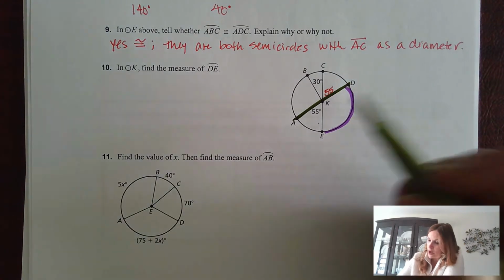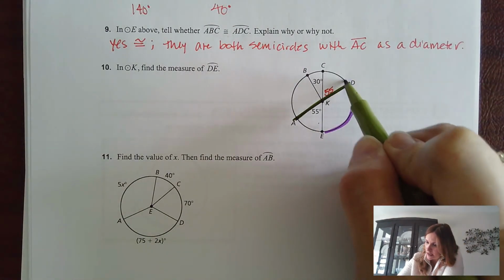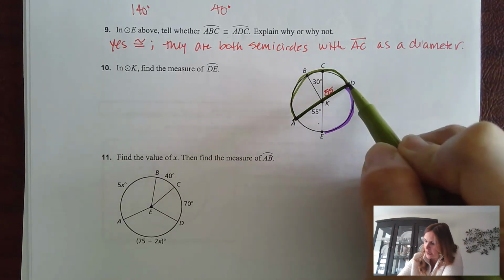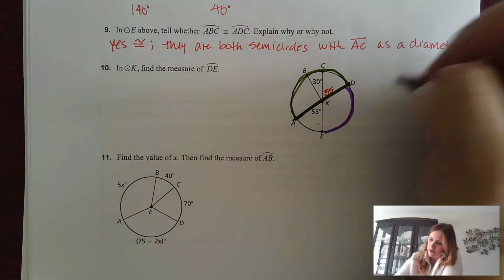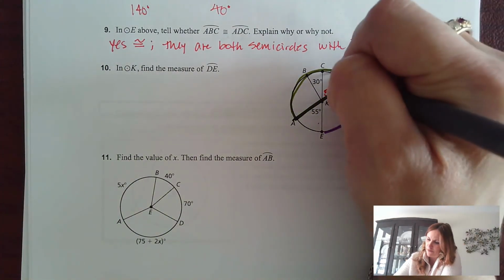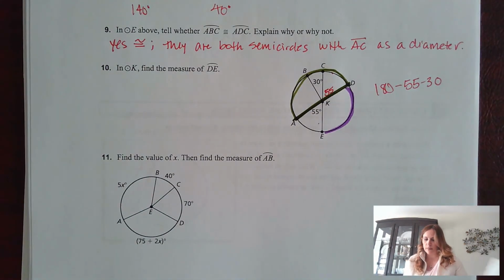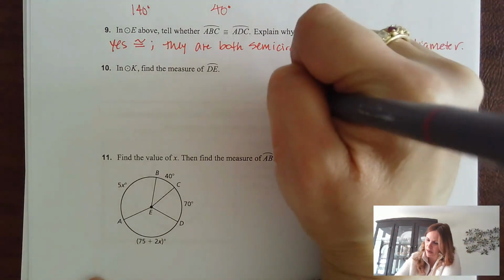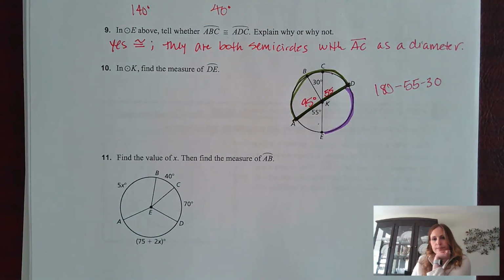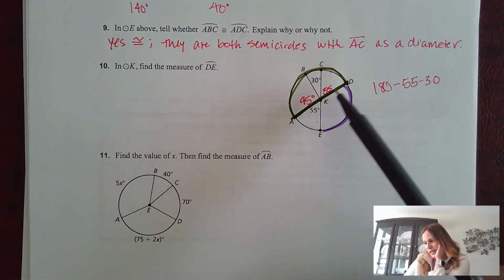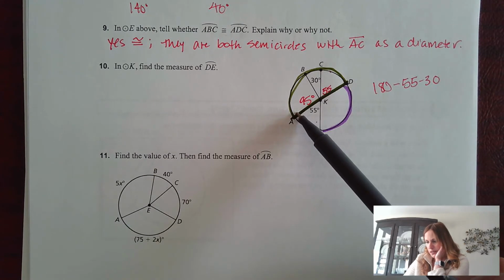Now that I know this is a diameter, this whole piece right here has to be 180 degrees. So if I take 180 and subtract off 55 and subtract off 30, I get 95 degrees. So all of this has to add up to 180 degrees.